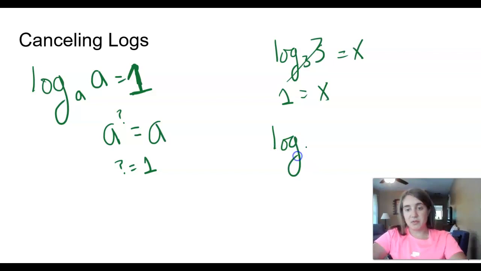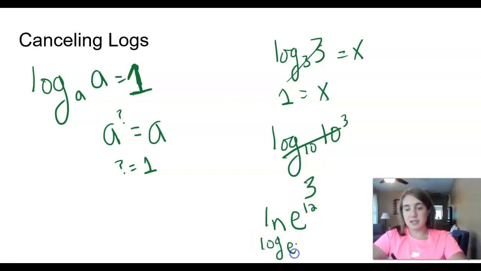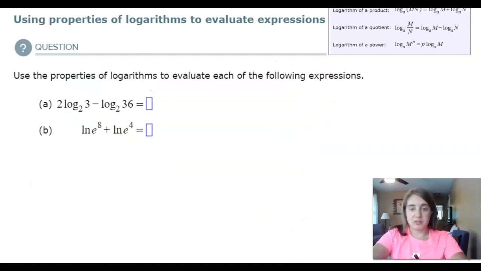If I showed you something like log base 10 of 10 to the 3rd, that would equal 3. If I showed you ln of e to the 12th, that's like log base e of e to the 12th. That would equal 12. So when your base and this are the same, they cancel out to equal 1. So we're going to go ahead and apply that as we work on these.